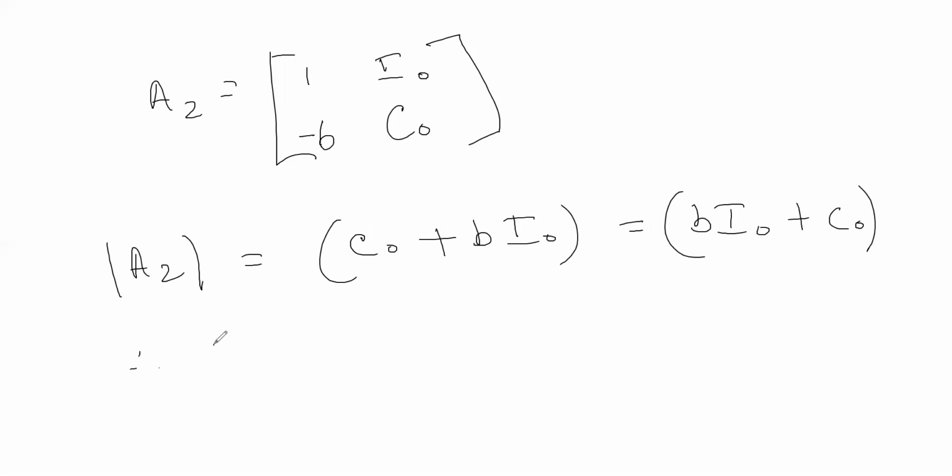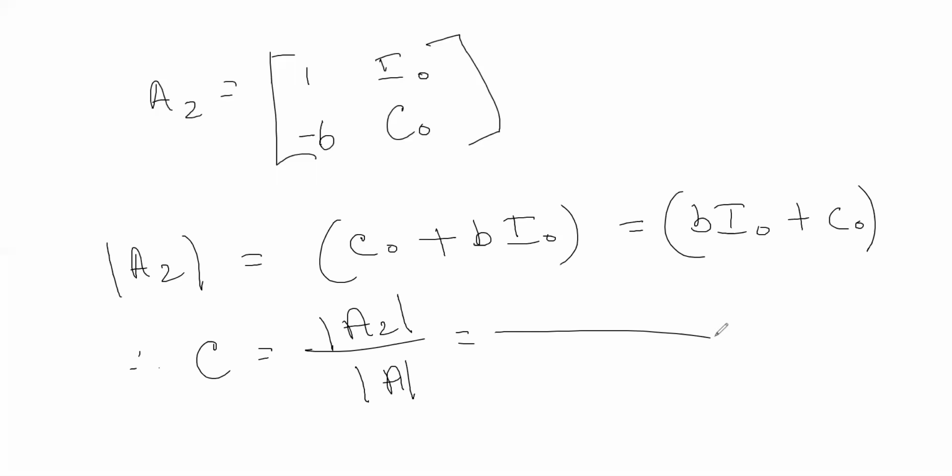And then to identify C, what you can do is the determinant of A2 divided by the determinant of A. So we are dividing the determinant of the new matrix by the original determinant. So it becomes b I naught plus C naught divided by the determinant of A, which is 1 minus b.